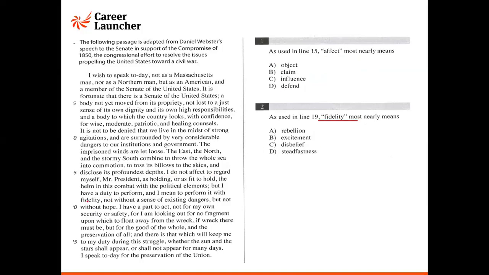Next one, let's try again. Fidelity here, line 19. If I remove the word, let's see. And please try and answer on the poll. I'm yet to find anyone who has gotten the question correct without answering it.